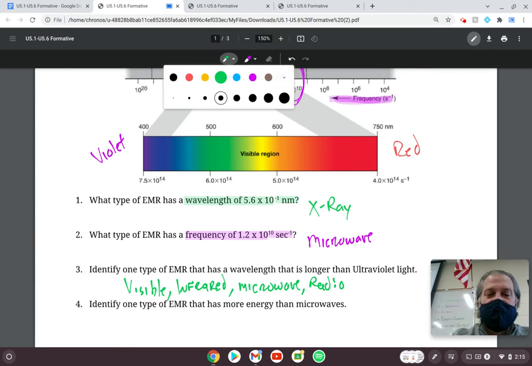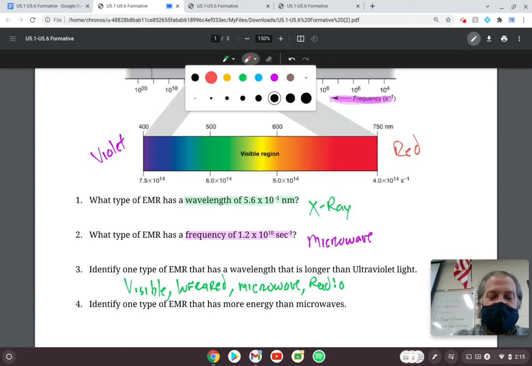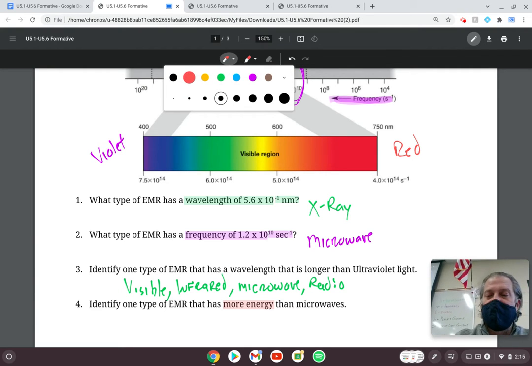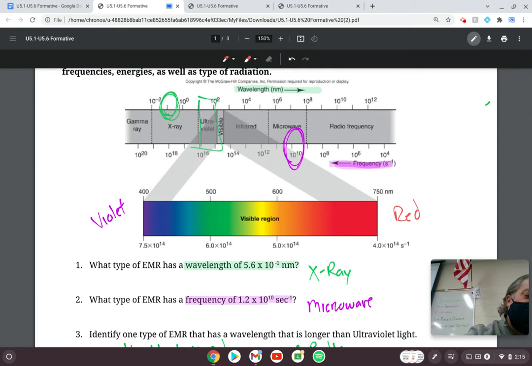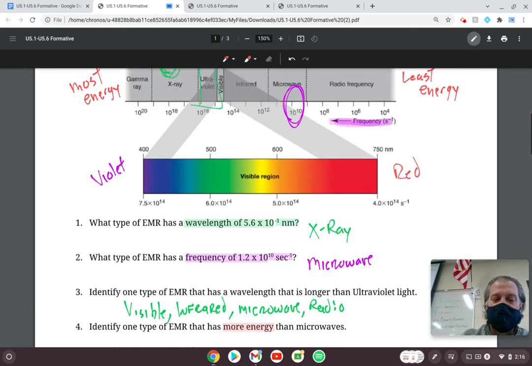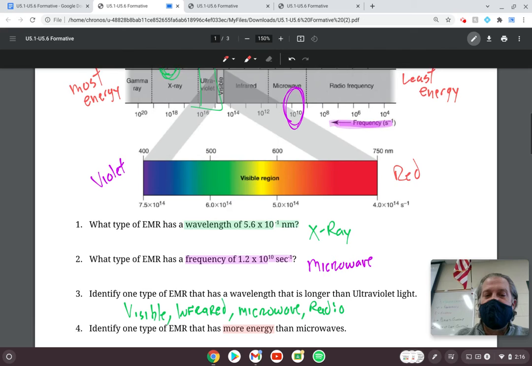And then lastly, you were asked to identify one type of electromagnetic radiation that had more energy than microwaves. So when we talk about energy, when looking at the spectrum, we have to remember that the ones with the shorter wavelengths have the most energy, and the ones with the longer wavelengths have the least energy. So we are looking for something that has more energy than microwaves.